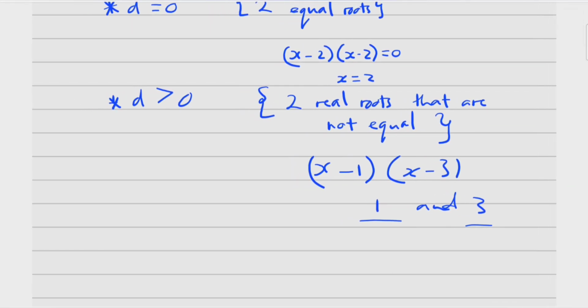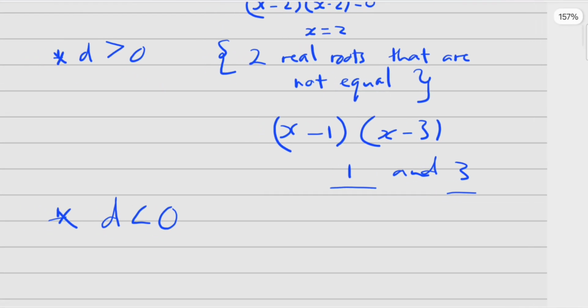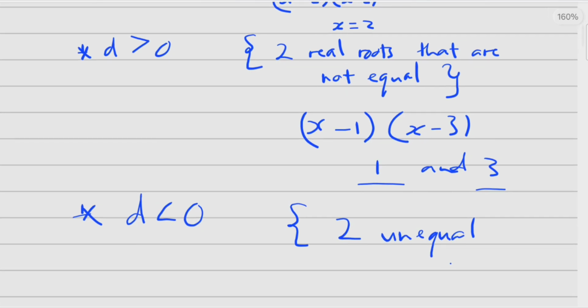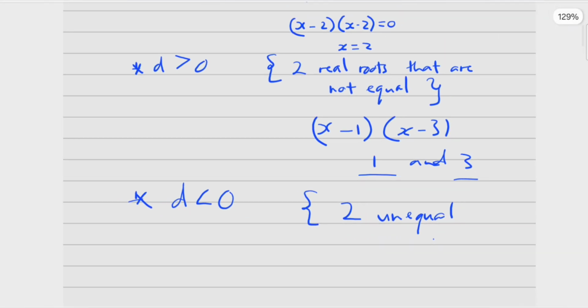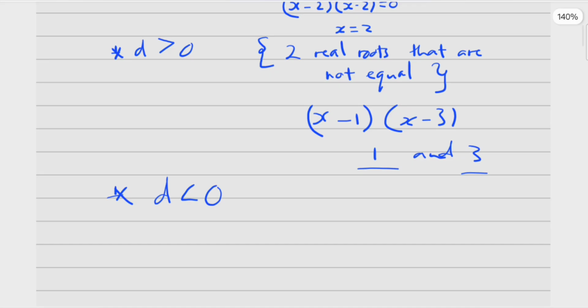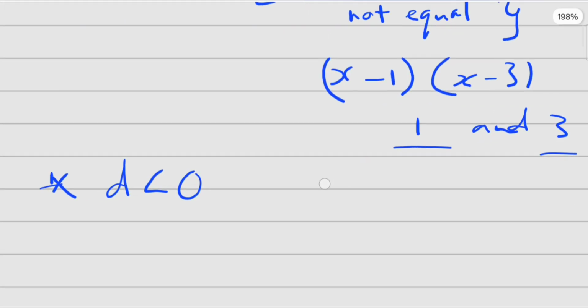And when the discriminant is less than 0, it means we have no roots at all, right? No roots.